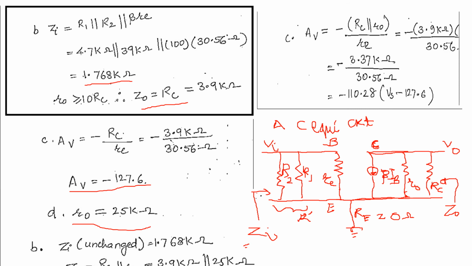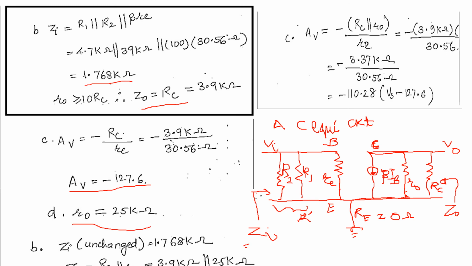Z0 is equal to the parallel combination of R0 parallel RC, so it's the product R0 RC upon R0 plus RC. Now we have defined a relation over here that R0 is very much greater than RC. Therefore, your Z0 comes out to be RC.